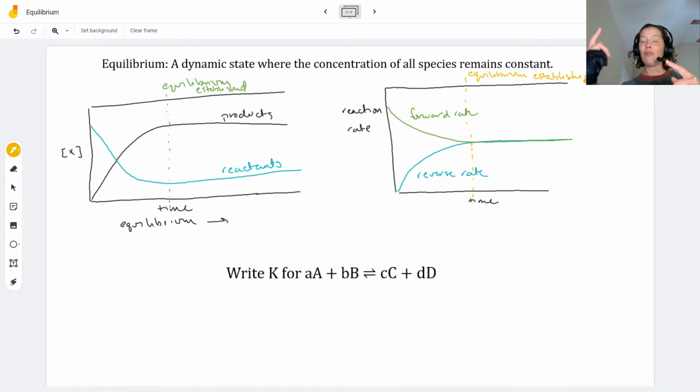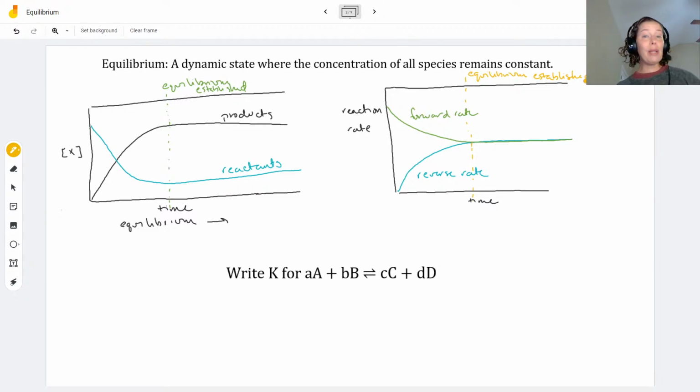But as long as for every one person that comes downstairs, another person goes upstairs, you're going to keep the same number of people upstairs and downstairs. So the rates are the same, the concentrations are constant, but it is still a dynamic state. People are still moving up and down the stairs, they're just moving at the same rate. So that is what equilibrium is.